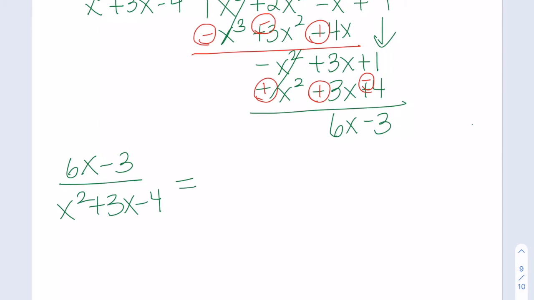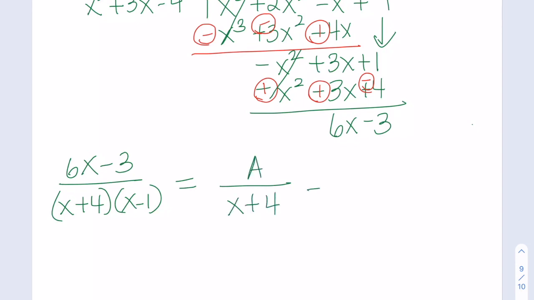I could have done this before, but we can factor x squared plus 3x minus 4 into x plus 4 times x minus 1. So my first fraction will be a over x plus 4, and my second fraction will be b over x minus 1.